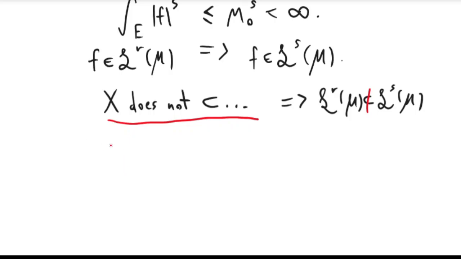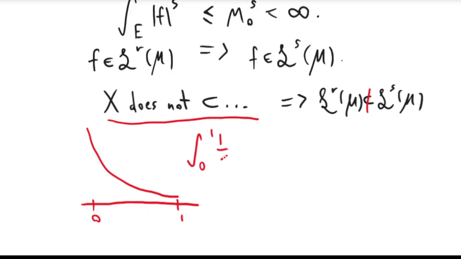And we want to use a trick, right? So you want to kind of think about functions like 1 over x. So if you think about the function 1 over x on 0 to 1, why this integral is infinity is basically because there's sets of smaller and smaller measure, right?